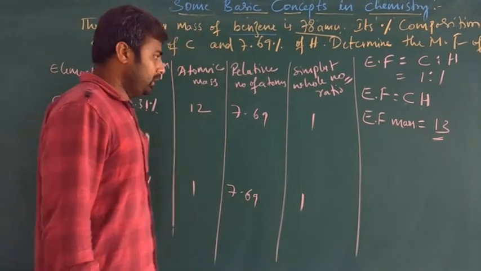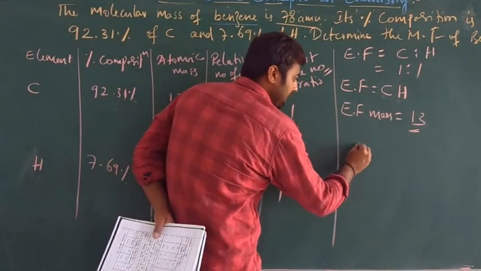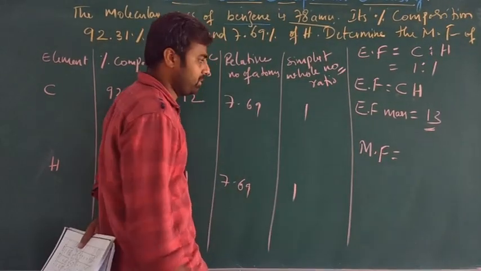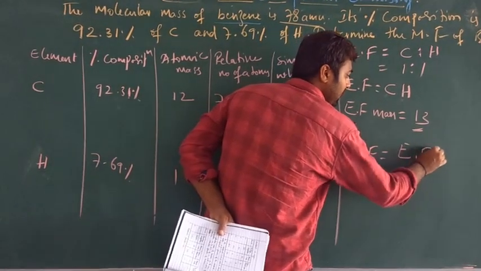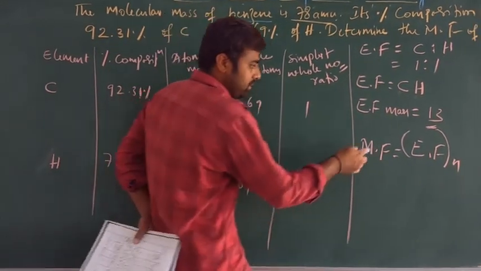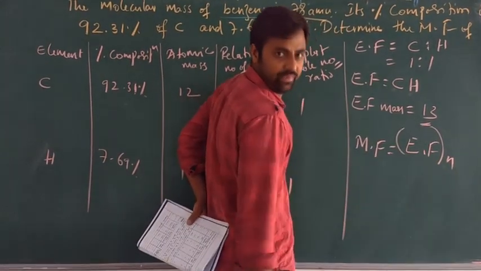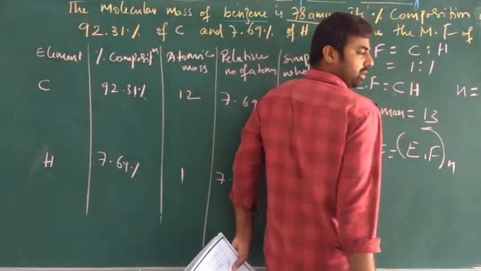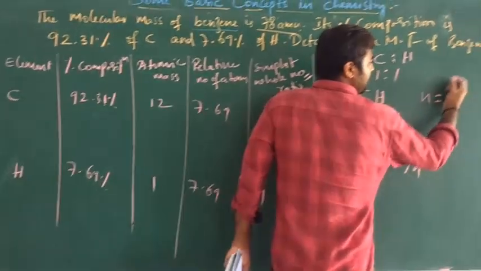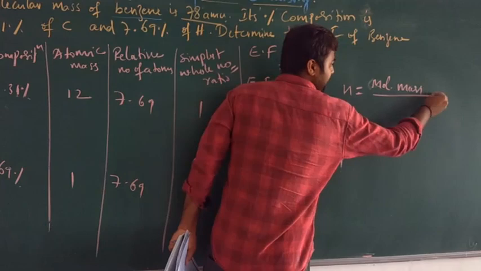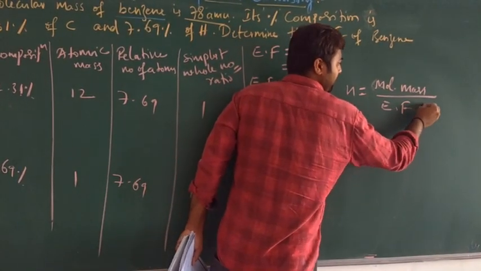Right. Then if you want to calculate the molecular formula, there is a relation: molecular formula equals empirical formula into n, right? So first you have to calculate the value of n. What is the value of n? How to calculate it? n equals molecular mass divided by empirical formula mass.